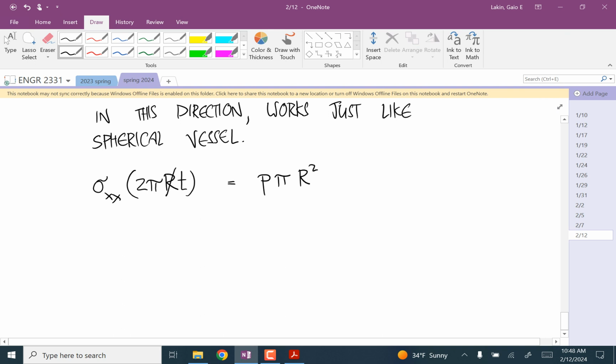The pi's cancel, and you get that in the x direction, sigma is equal to p r over 2t. That's just what we got before.